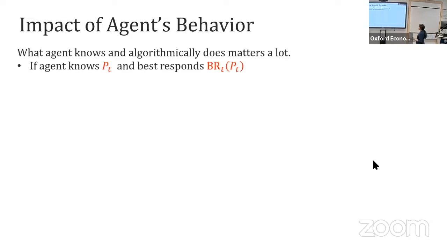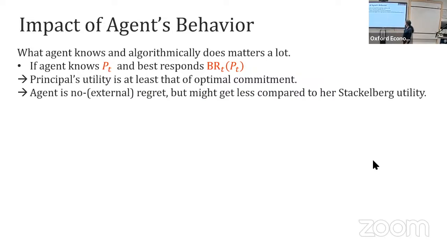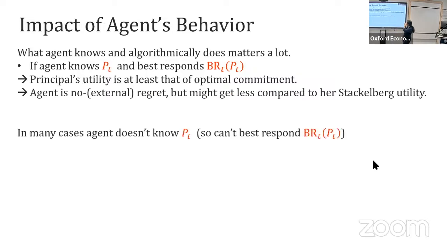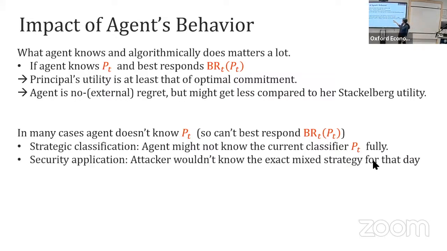In the sense that if the agent knew PT and best responded, as I said, the principal can get Stackelberg regret in most cases, so it can get us optimal commitment. But in many cases, because the agent doesn't know PT, it cannot best respond. And then weird things can happen. So for example, in strategic classification, you might not know exactly the details of the current classifier in play.